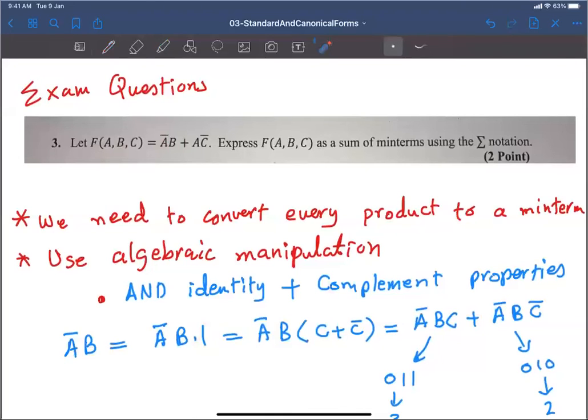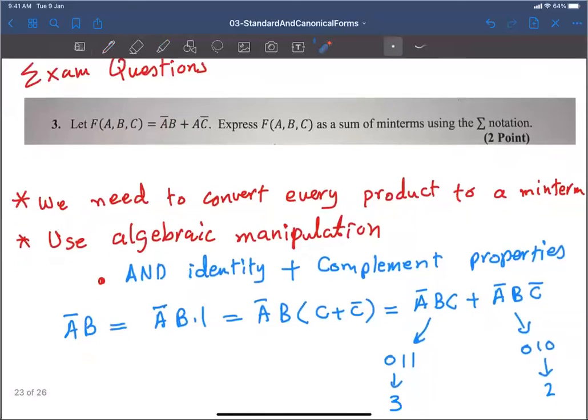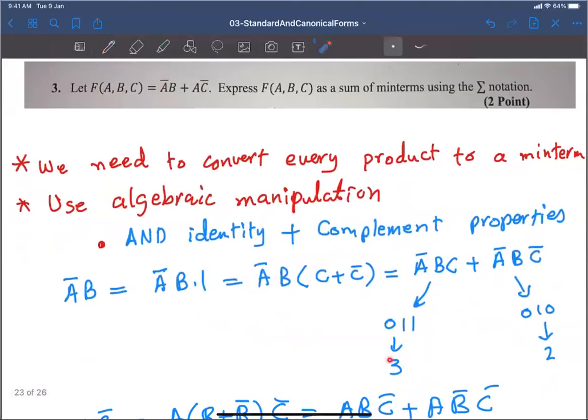Then you use the distributive law. So this is equal to A complement B C, or A complement B C complement, and this one is minterm number 3, and this one is minterm number 2.